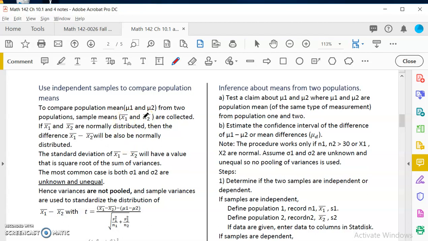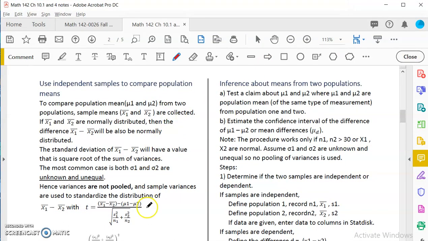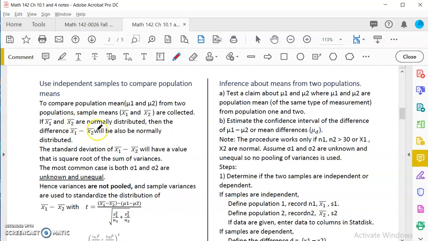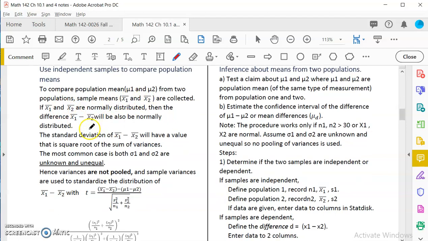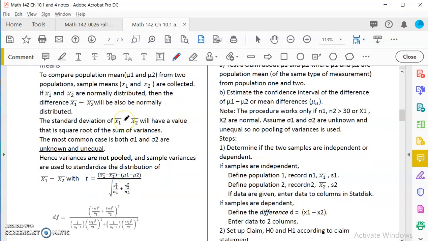And whenever we're comparing something, which is just a sample statistic, we look at how they distribute, right? If x1 bar and x2 bar are normally distributed, which is possible because of the central limit theorem, then the difference of two normally distributed variables would also be normally distributed.